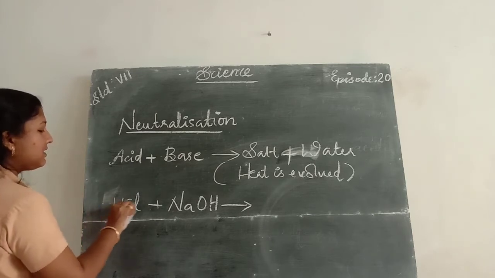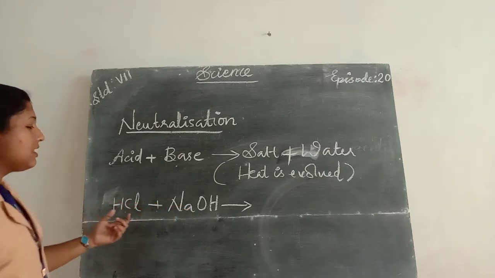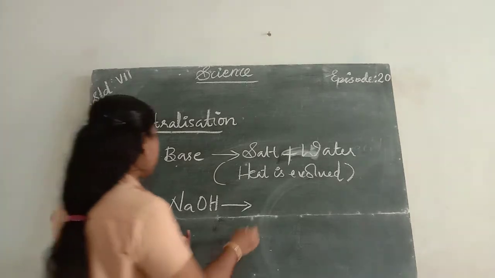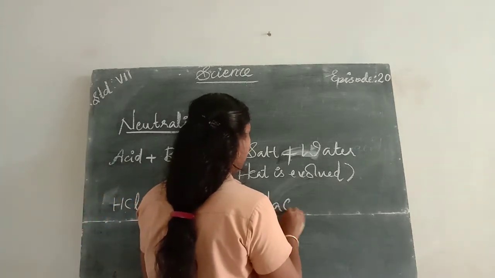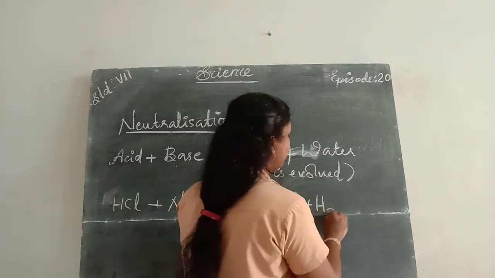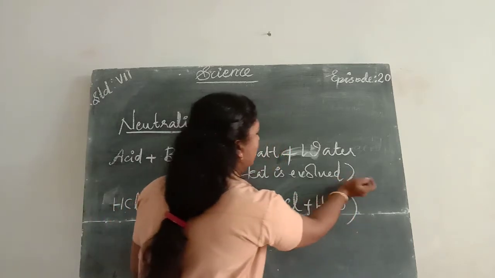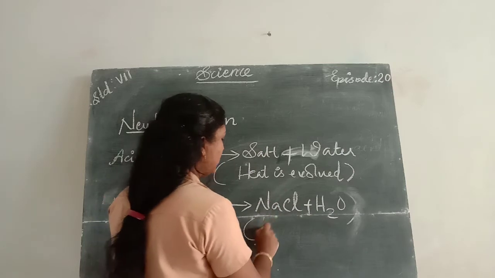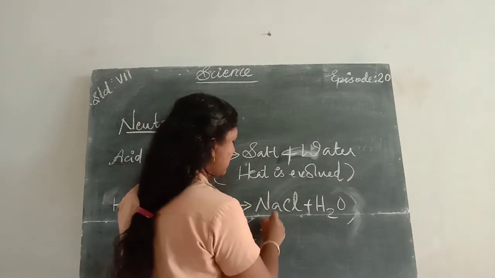HCl plus NaOH gives the salt NaCl, sodium chloride, plus water, H2O, with the evolution of heat.